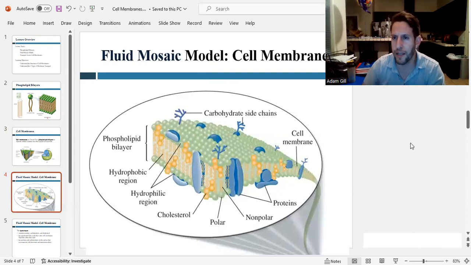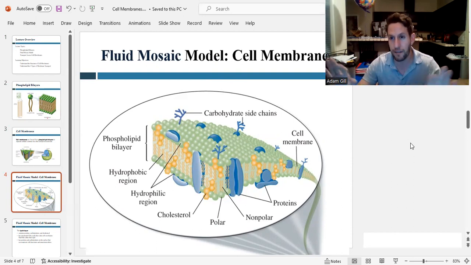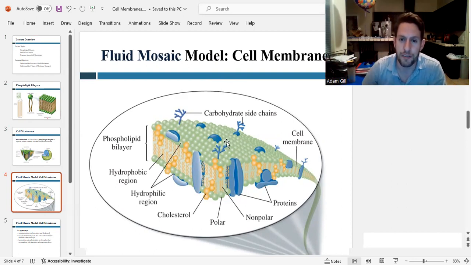People take tile and break it up and glue it to a wall to make a picture, made from different pieces of different broken tiles. It's called a mosaic. So we call this the fluid mosaic model because it's got a lot of different pieces going on and it's semi-fluid. So it's the fluid mosaic model of cell membranes.